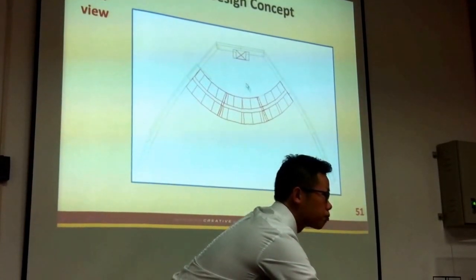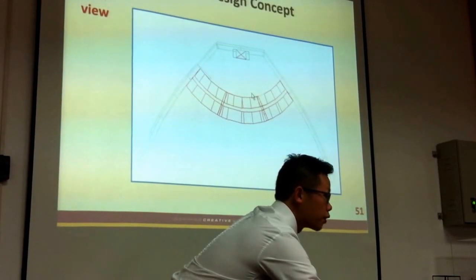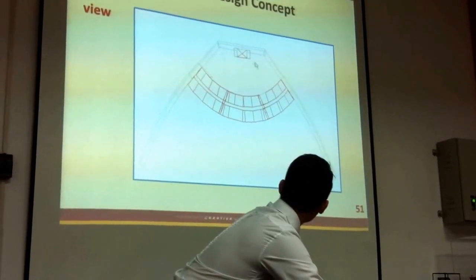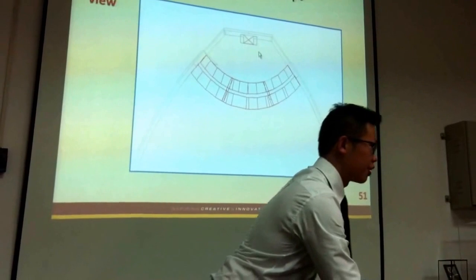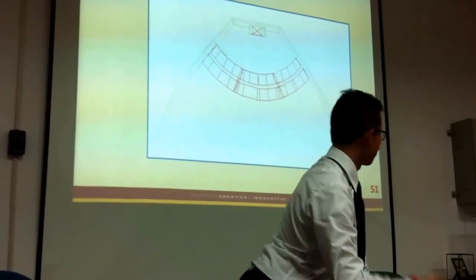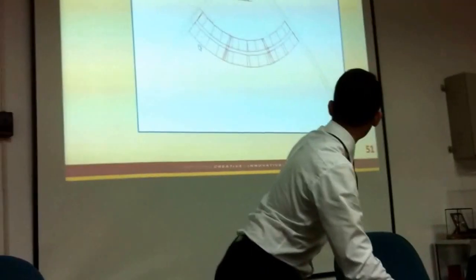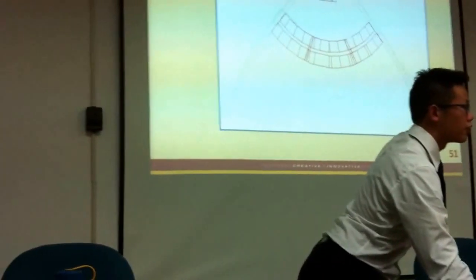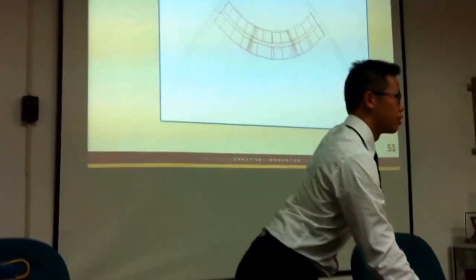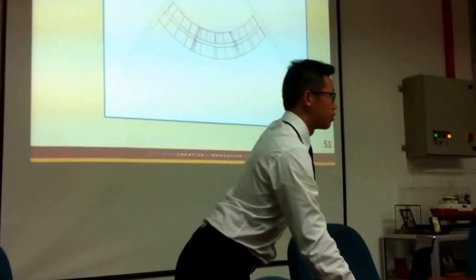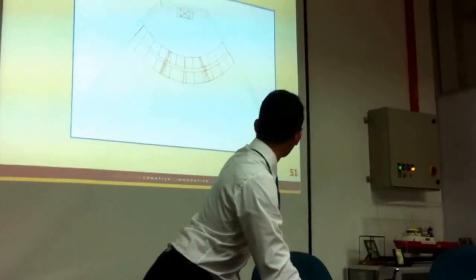So where is the turbine? The turbine, it will be somewhere inside here. Because basically for my design, I'm focusing on this energy collection area, this part, the ramp angle. That's for my thesis.